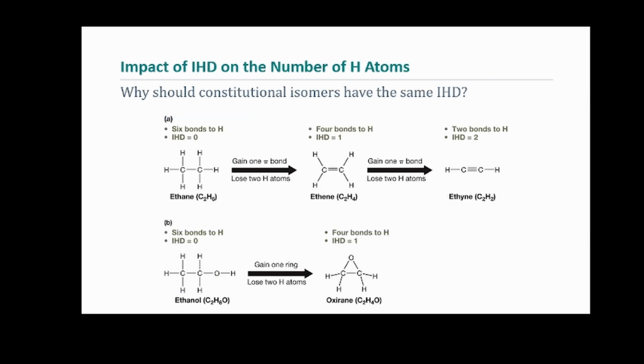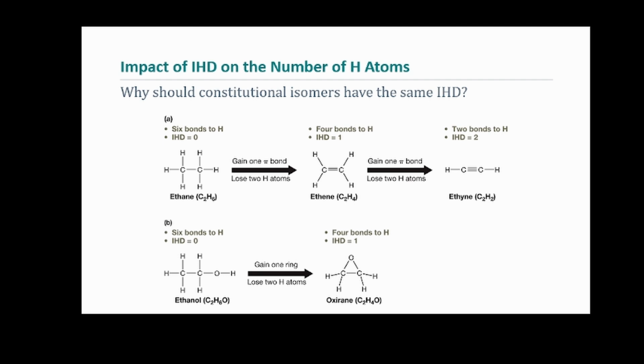So why should constitutional isomers have the same IHD? If we have the same number of carbons and the same number of hydrogens, they could be constitutional isomers, right? They'd have the same formula.